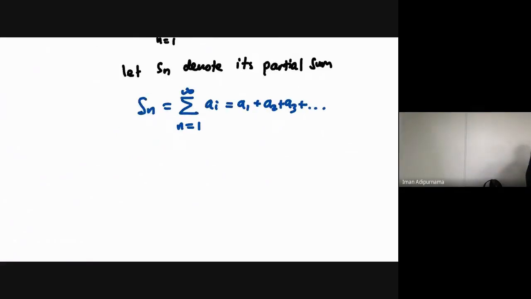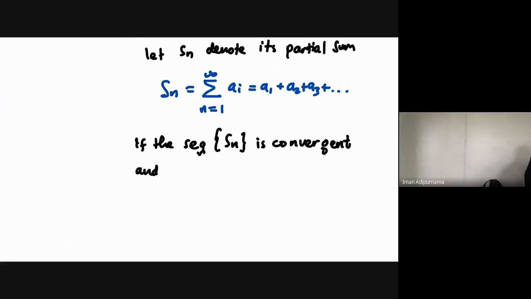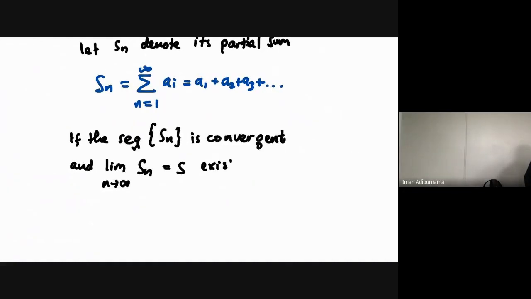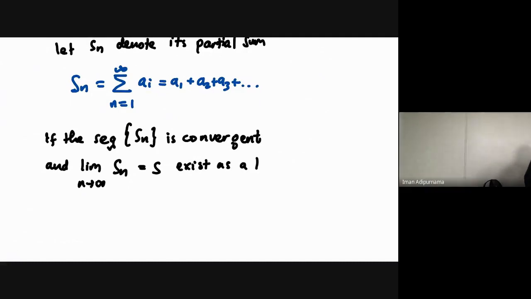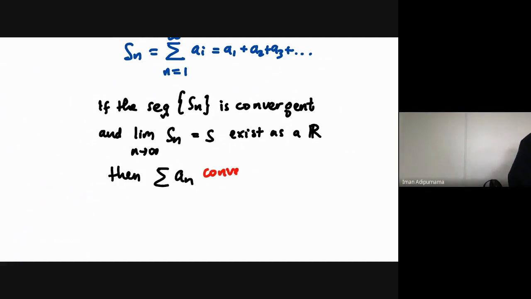Okay. And if the sequence Sn is convergent, and the limit, let's say it equals S, exists as a real number, then the series of a_n converges, or is convergent.